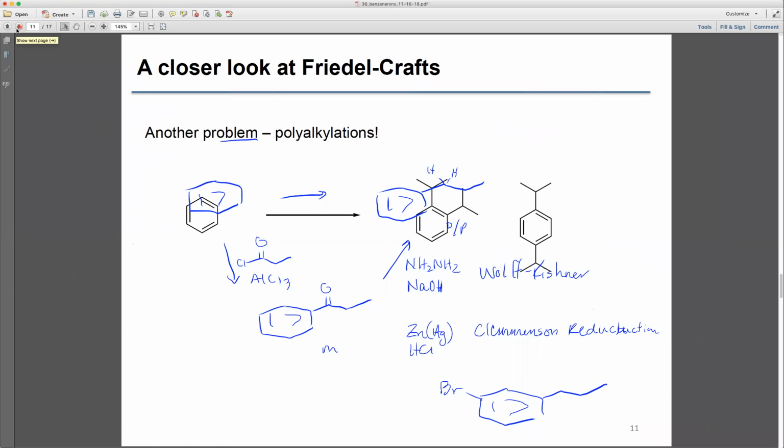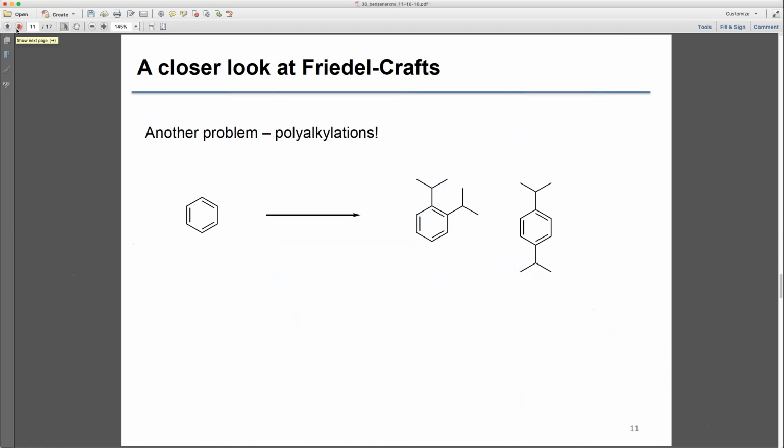And moving along. There are 3 problems with the Friedel-Crafts reaction. We're looking at all 3 of them right now. The first one was the fact that primary linkages cannot be made, and we have that problem with rearrangements. So the second problem is that we get polyalkylations, that when we add, say, isopropyl chloride and aluminum trichloride, we get addition not once, but twice, or even 3 times or 4 times here, depending on what your alkyl group is, of course.